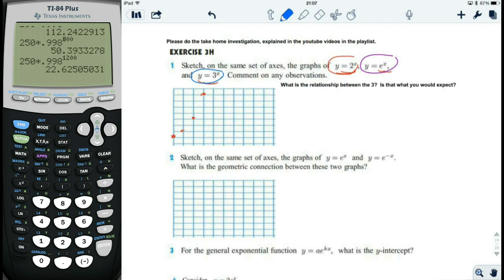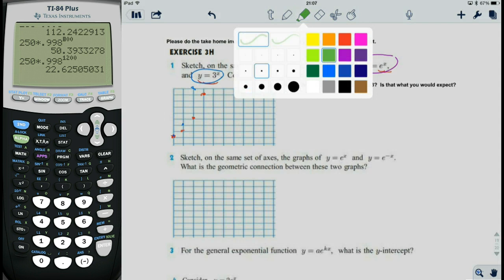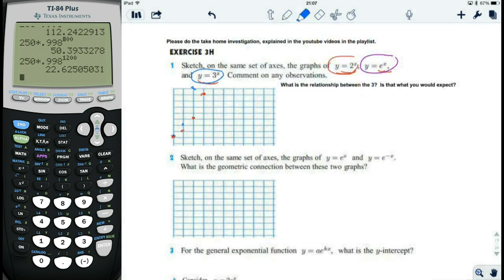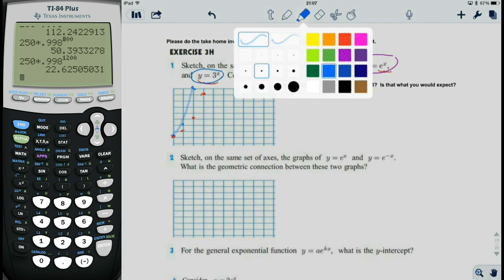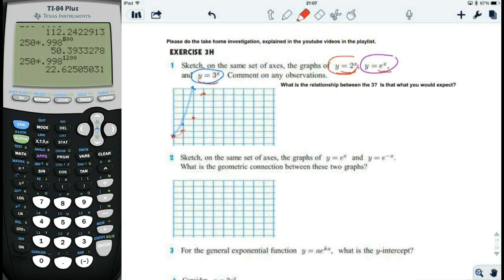So 3 to the x, first point is 1, second point is 3, the third point is 9. And if I want, I'm going to connect these points, so blue like that, red like that.